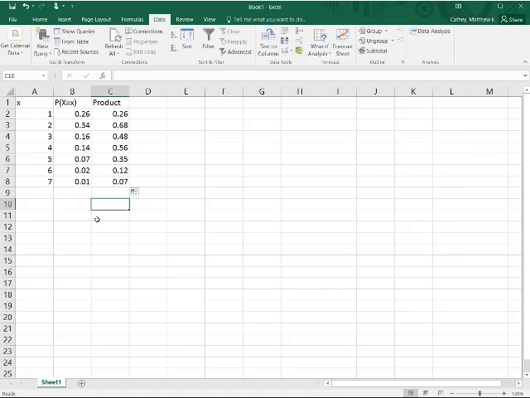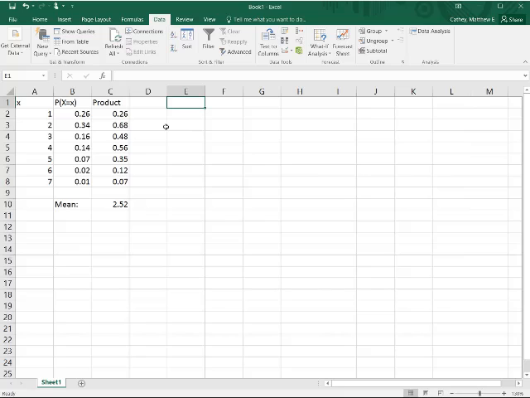And now to get the mean, I'll add those numbers up. So I'll use the sum formula, equals sum of all of those numbers there. And it's 2.52. So that's the mean of our random variable. Now, to get the standard deviation, we need something else.